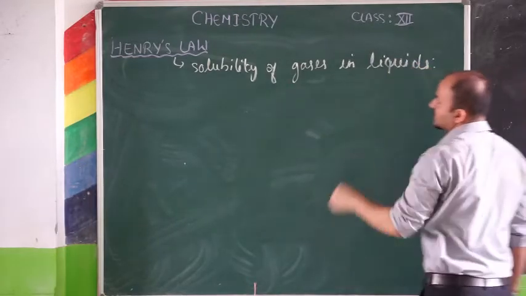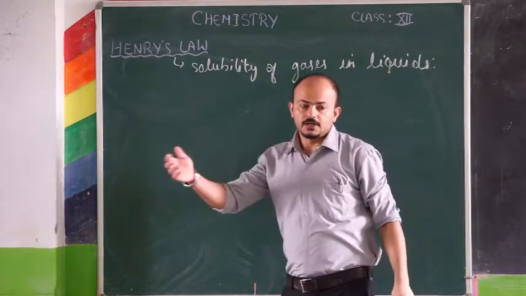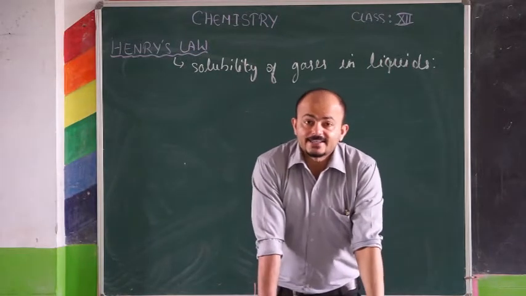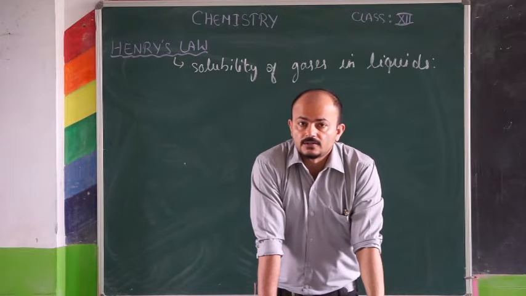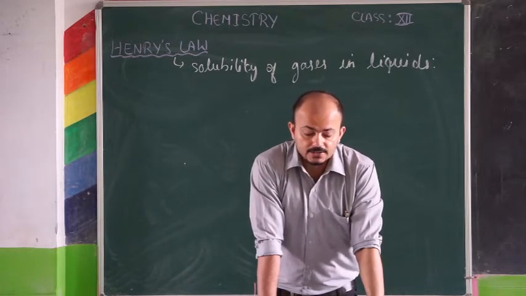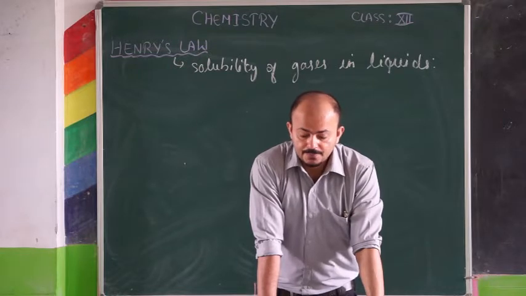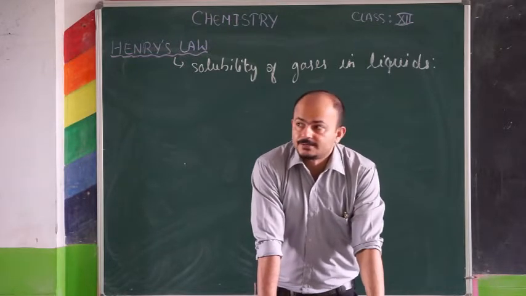This law tells us that the mass of gas dissolved per unit volume of the solvent is directly proportional to the pressure applied, that is, to the pressure of the gas in equilibrium with the solution at a given temperature.